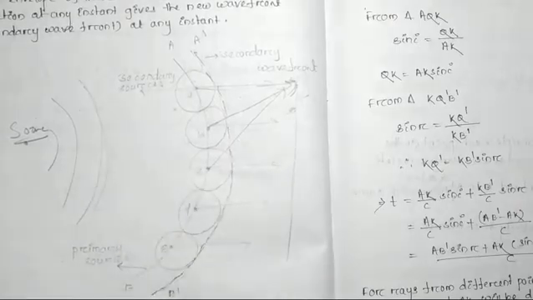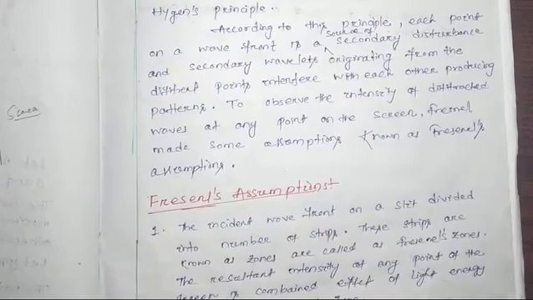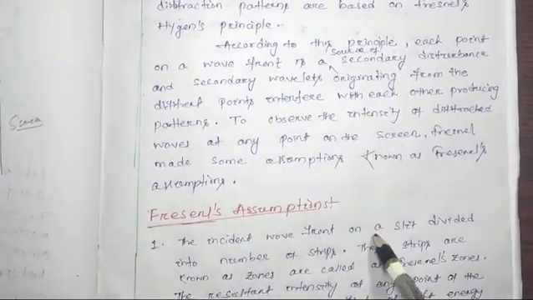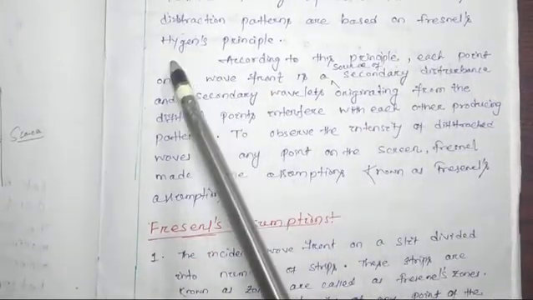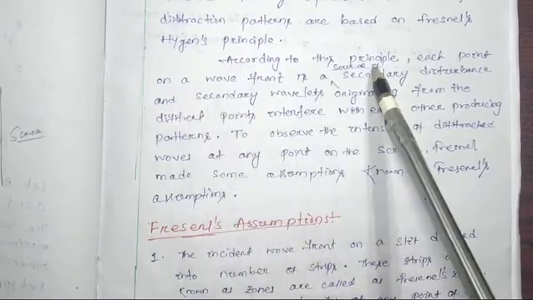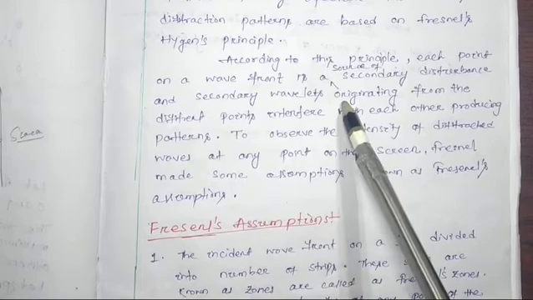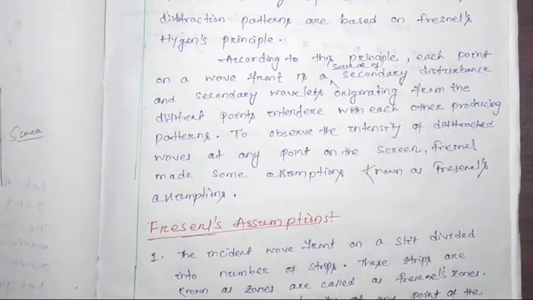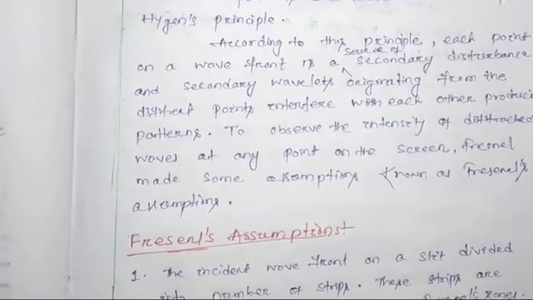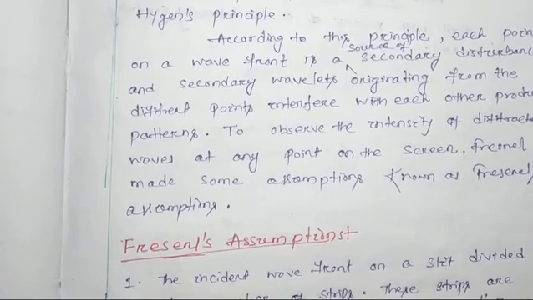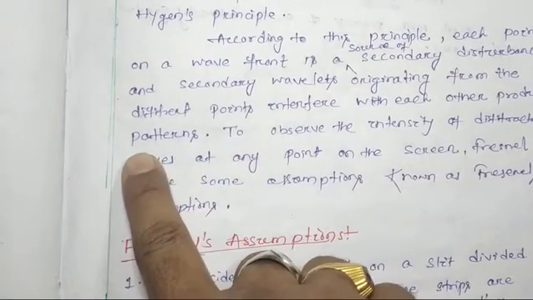This is the consideration by Fresnel, and that is why it is called the Fresnel Huygens' principle. Due to this source, secondary disturbance and secondary wavelets originating from the different points interfere with each other, producing patterns.